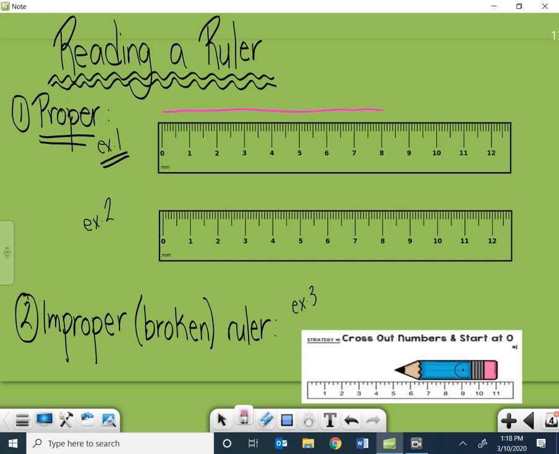How long is that stick that you found on your hike? Hopefully you remember, you would start at 0, which is this point, and it ends over here. That tells me I went from 0 to 8, therefore it is 8 centimeters.